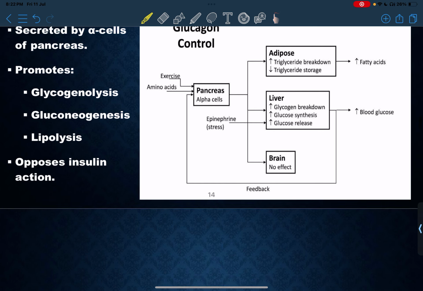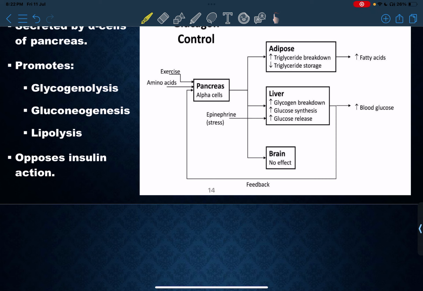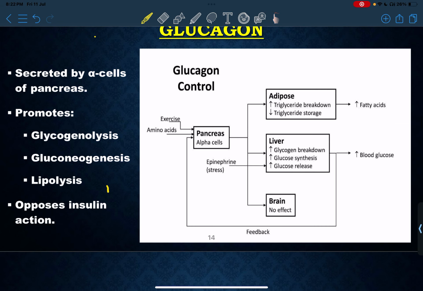So the next hormone is glucagon. Glucagon is secreted from the alpha cells of the pancreas. We've already seen that. It promotes glycogenolysis, formation of glucose from glycogen; gluconeogenesis, formation of glucose from other than carbohydrate sources; and lipolysis, formation of ketone bodies from fat.